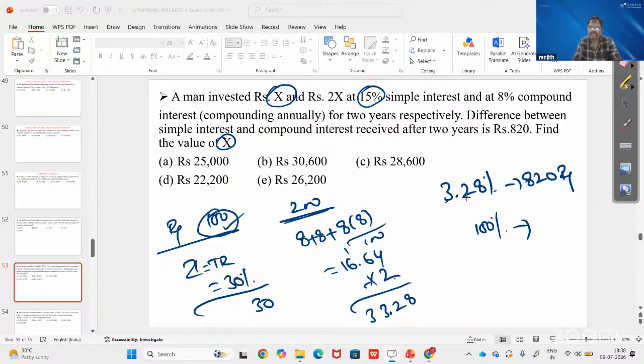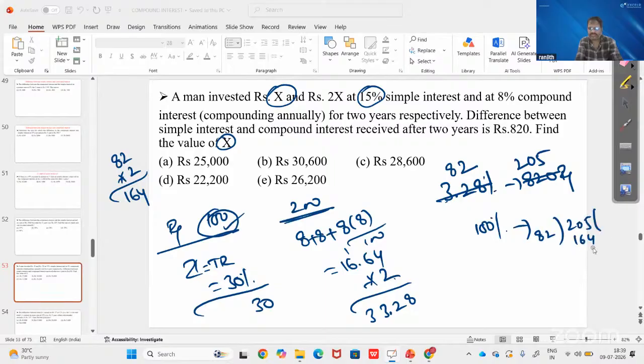In the 4 table, 820 divided by 3.28 gives 205 divided by 8. 82 into 2 is 164.